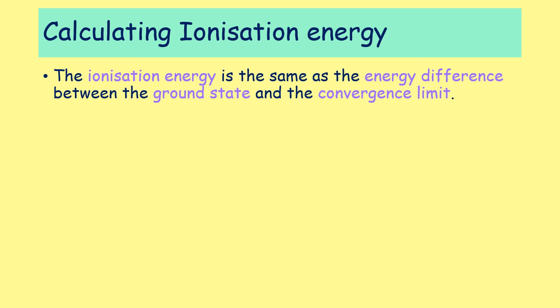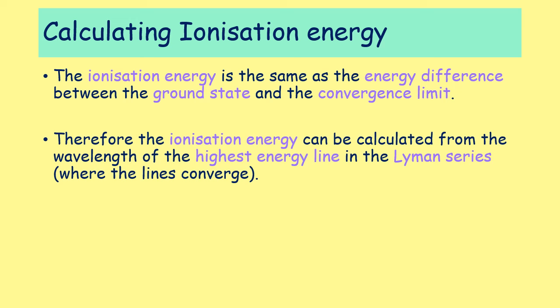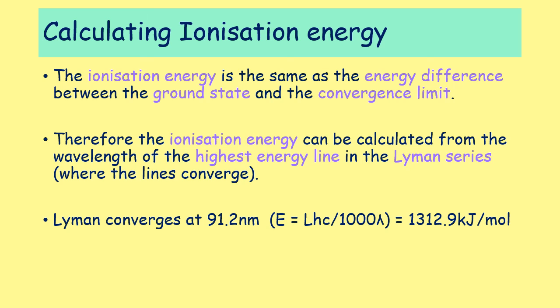The ionization energy is the energy difference between the ground state and the convergence limit. Therefore, ionization energy can be calculated from the wavelength of your highest energy line, or if you're given the ionization energy, you could work out the frequency or the wavelength of energy needed.